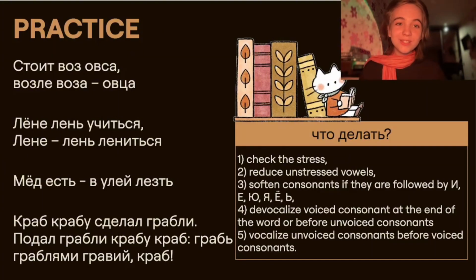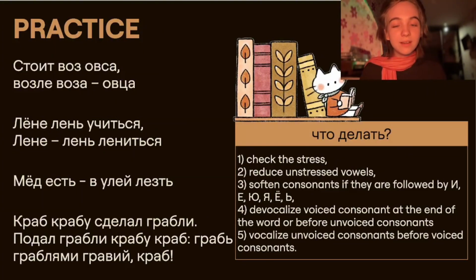And the last and very difficult tongue twister is краб крабу сделал грабли, подал грабли крабу краб, грабь граблями, гравий краб. It's difficult even for me, I can't read this very fast, but here we have a devoiced b at the end of the word краб. We say krap, not krab. So b becomes p. And we have the opposite process with the word сделал. The d influences s, and we pronounce it as z, сделал грабли.